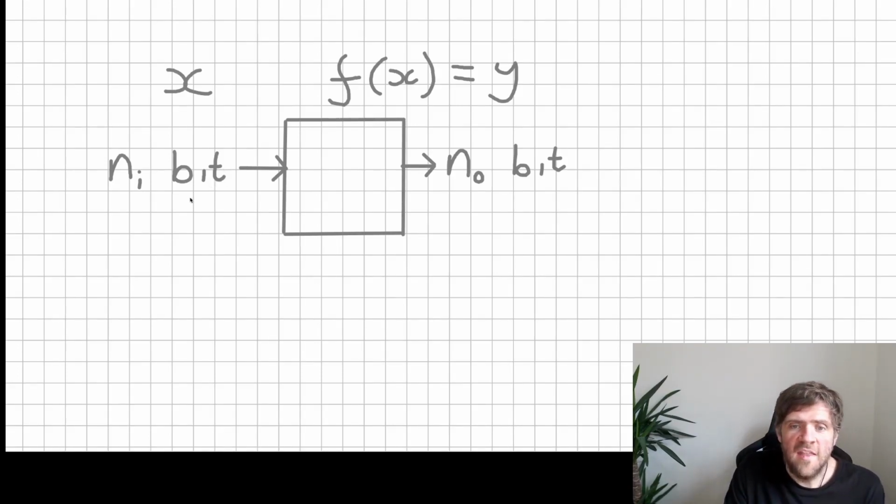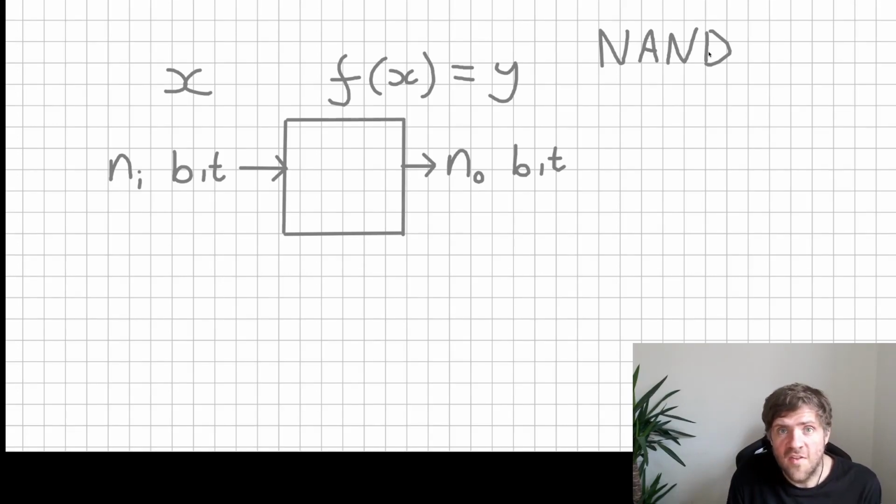So if we can implement a general mapping from inputs to outputs for a general function in this way, then whatever it is that we are using to do that, we can call universal. So if we can use, for example, NAND gates to perform any general mapping in this way, then we can say that NAND gates are universal for computation because they can do any of these general computations.